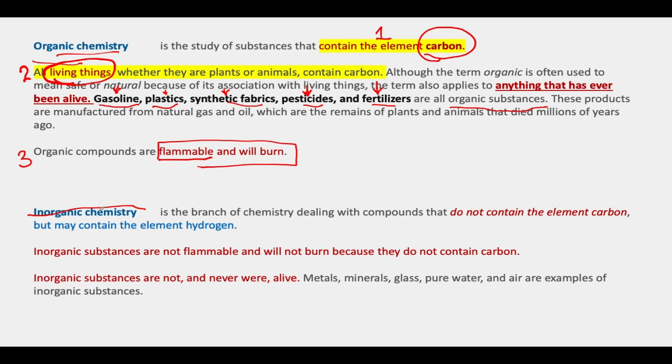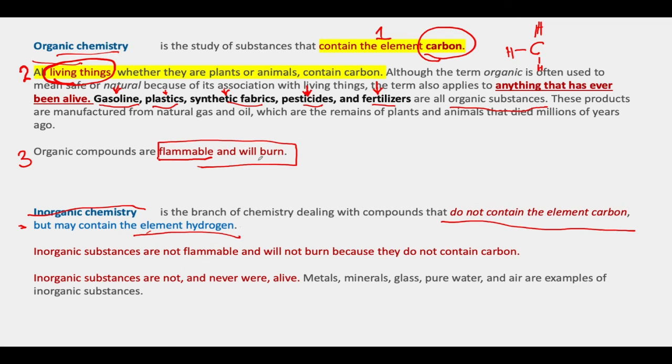Inorganic chemistry, in contrast to organic, does not contain the element carbon, but there's a little bit of a qualification. It says, but may contain the element hydrogen. And the reason why they say this is because wherever there's carbon, you have a lot of hydrogen. And so that distinction is made in that sense that, okay, though you don't have carbon, you can have hydrogen.